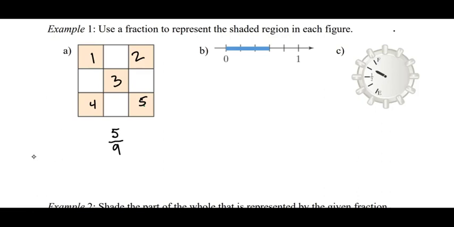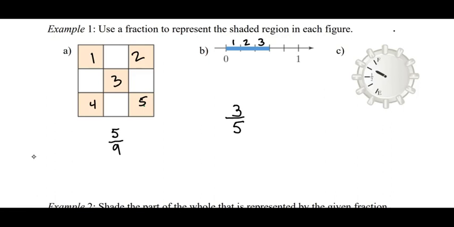That space has been divided into 5 small parts, so our whole between 0 and 1 has been divided into 5. Those 5 small parts would make a whole, but we're only using 3 out of those 5 parts. So 1, 2, 3. So 3 is the part that we're actually using.